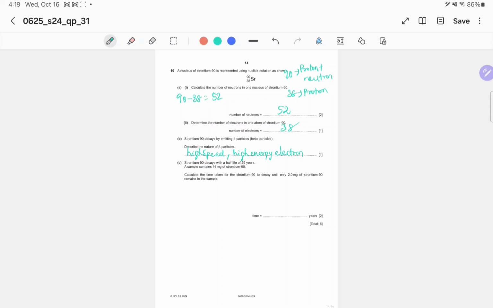Then one more thing is the ionizing power of beta particles is 100 times lesser than the alpha particles. You can write this one also, so they don't create any issues to human tissues.